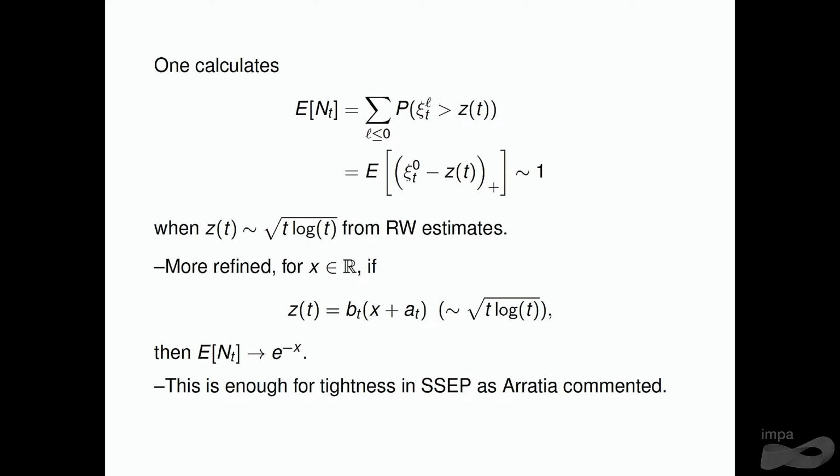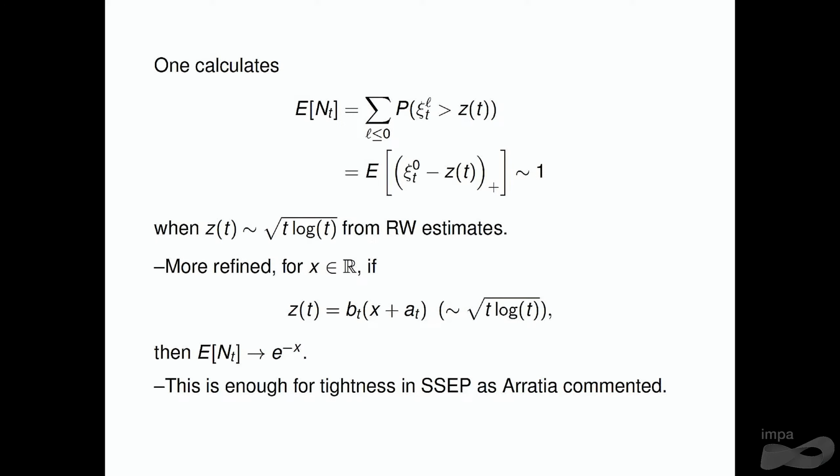It turns out that square root of t log t will give you that this is order 1. And if you do a more refined analysis, where A_t and B_t are what we had before, the limit of this quantity is this explicit constant e to the minus x.